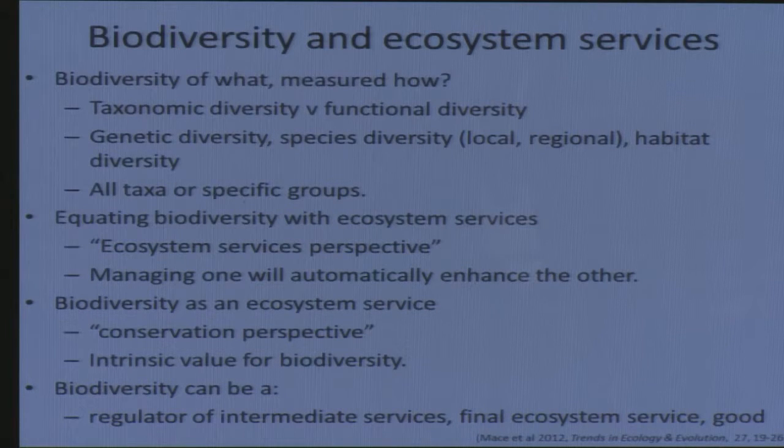The alternative, sometimes known as a conservation perspective, is that actually there is an intrinsic value to biodiversity, and if you focus on ecosystem services, that will be omitted. And in fact, Georgina Mace, in a paper published in 2012, said actually biodiversity can be many things. It can be a regulator of intermediate ecosystem services, it can be a final ecosystem service, it can be a good. It's important to define what you mean when you're setting your protection goal.